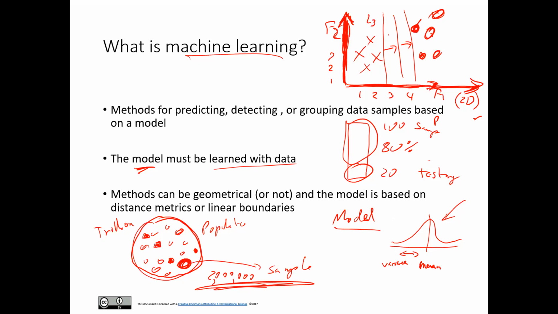By doing this process, you're checking yourself. You trained it with 80%, and when you run it on the 20%, it still does well. That's when we're going to get into measuring performance, and how well our model performs.